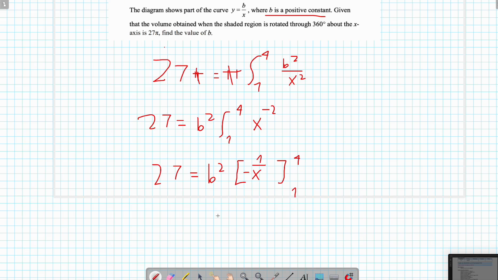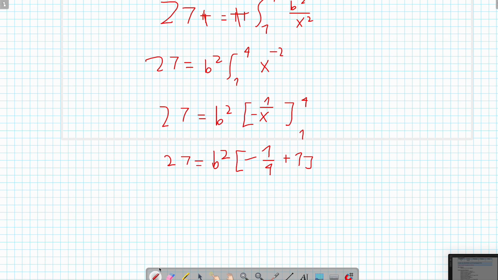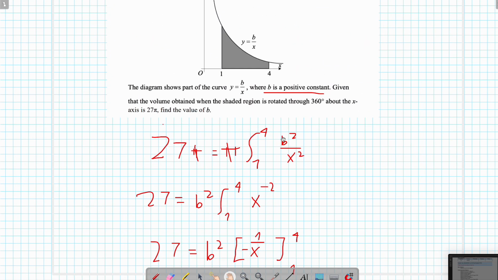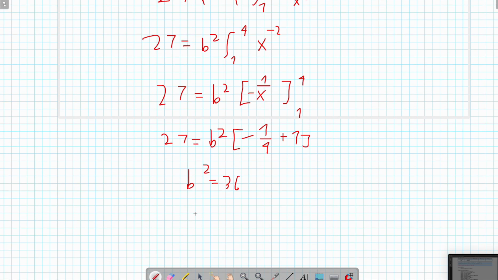Then we simplify: 27 is equal to b squared times negative 1 over 4 plus 1, because negative positive plus 1, you're going to get b squared is equal to 36. Here we take the positive number because they said b is a positive constant, so b is equal to 6. As simple as that.